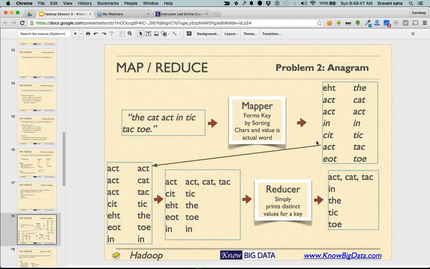So if we dearrange them, if we make them the same arrangement everywhere, it will result in the same thing.